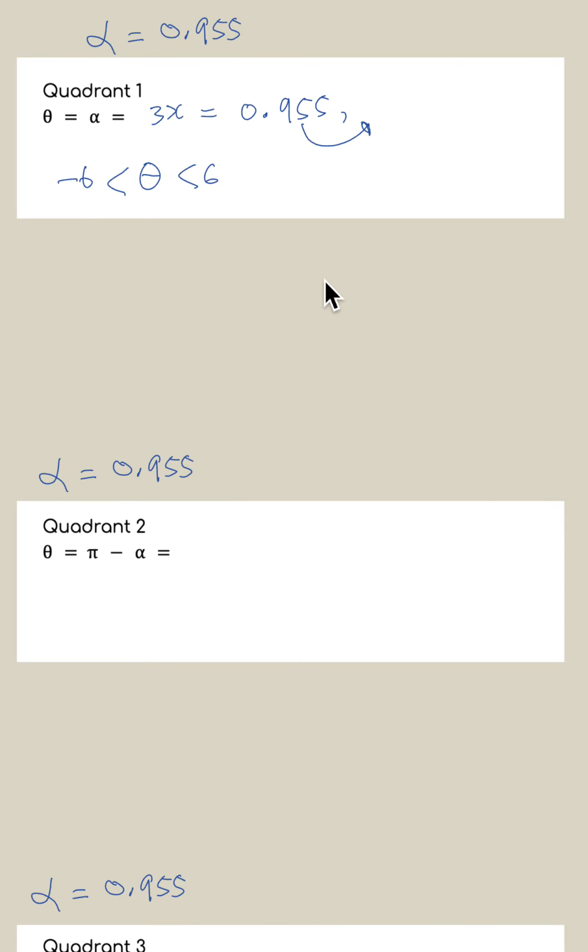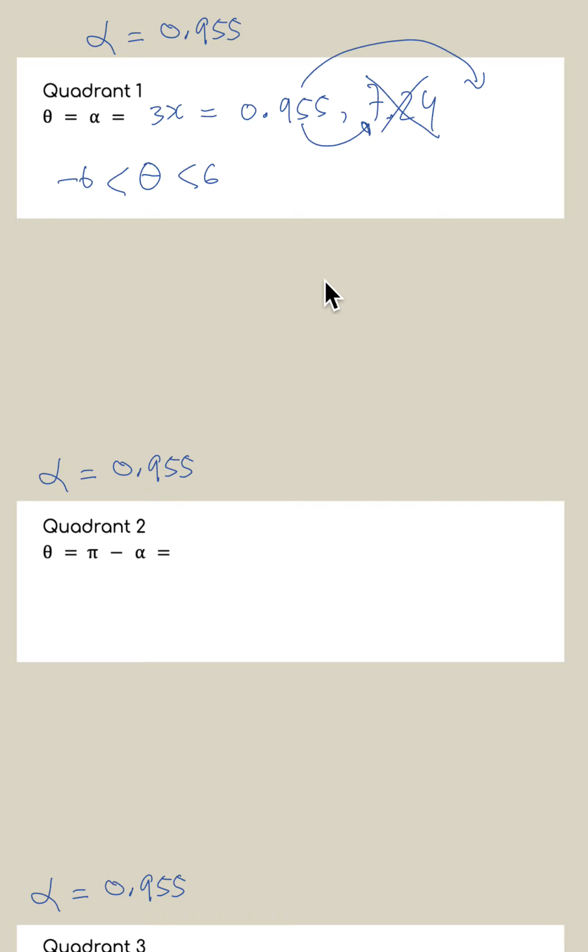Let's say we add 2 pi. 0.955 plus 2 times pi, you're going to get 7.24, which is wrong. So don't put it up.